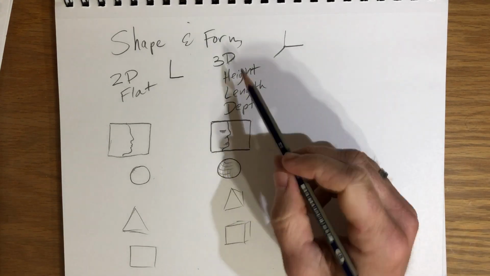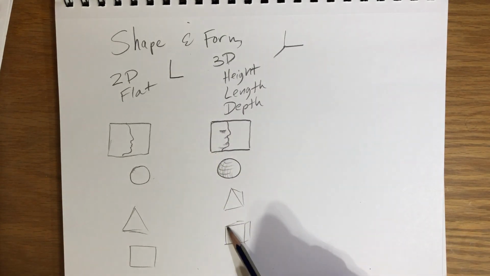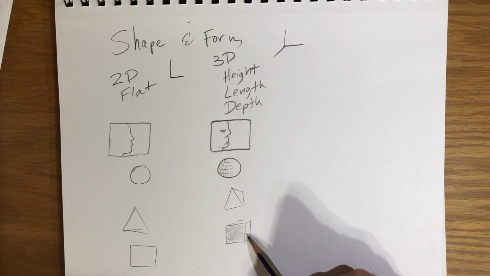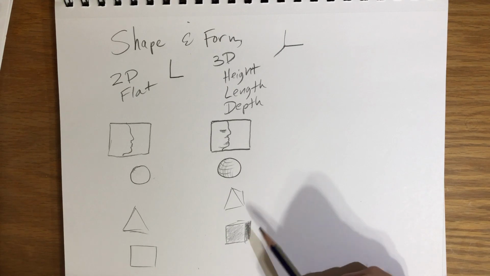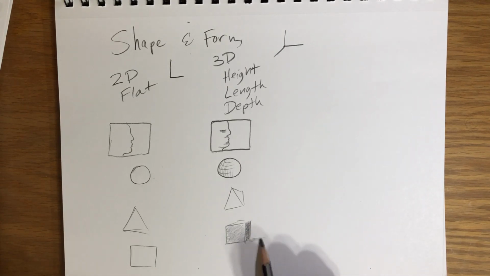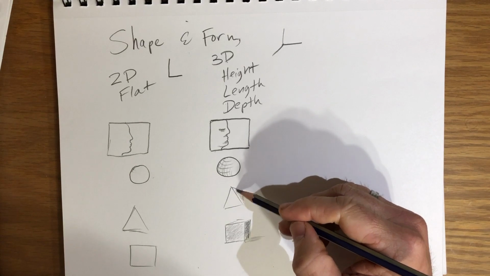The other thing when you're talking about form is usually you're going to have some evidence of light, and the light helps to make the form more clear. So if you're trying to draw something that has form, usually part of the story is lighting.